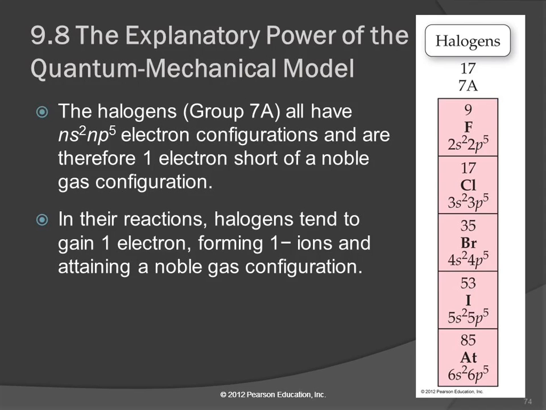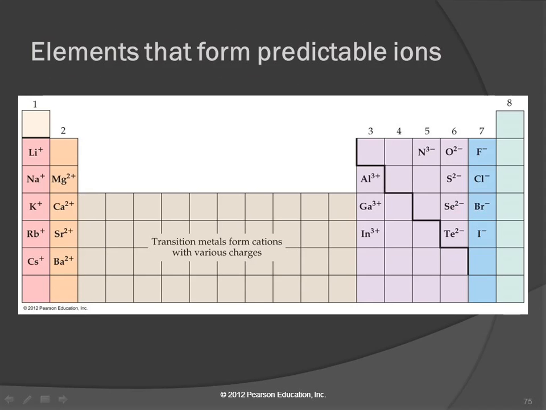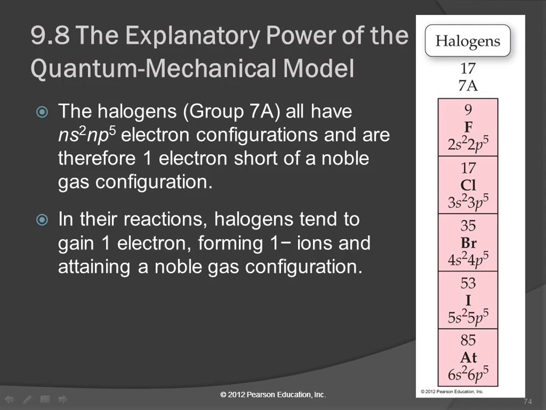Now let's go across and look at the halogens. The halogens are one column to the left of the noble gases. They have 7 valence electrons. So here's fluorine with 7 valence electrons, thinking if I could just get one more electron, then I'd have the electron configuration of neon. All of these are in the same boat.